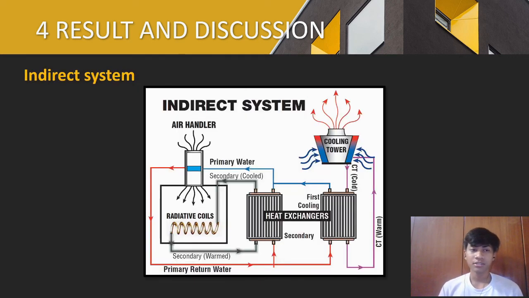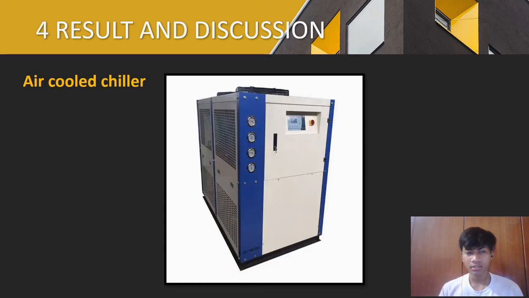In this indirect system they have a water cooled chiller and an air cooled chiller. The BTU for this building that I already calculated is 104,773.42 BTU per hour, and the air cooled chiller can accommodate from 80,000 to 138,000 BTU per hour.